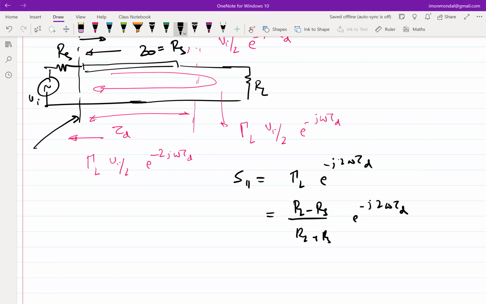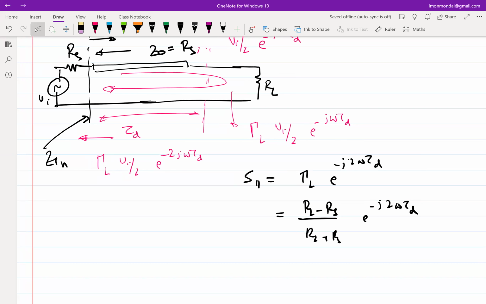So I know that the impedance looking into that plane is Zin. So your gamma at the source side is equal to Zin minus Rs by Zin plus Rs, right? And I am going to find out Zin from my observed gamma at that end. Now gamma at the source side is essentially S11. So this is equal to S11.